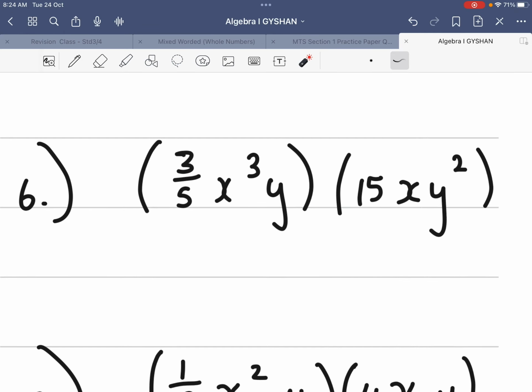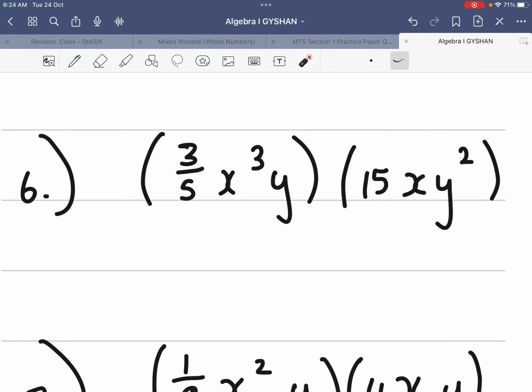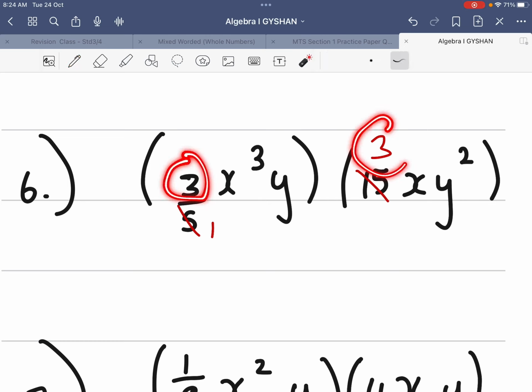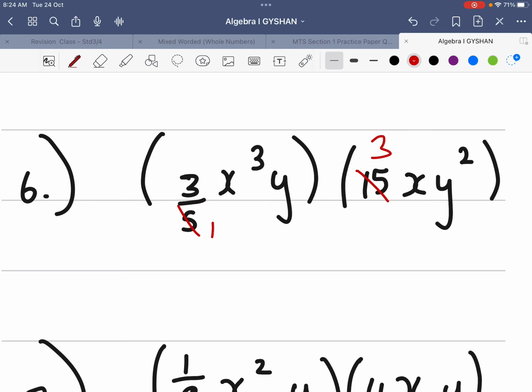Next we have 3/5. Let's express this as a fraction where the numerator is above the line, easier to work. 5 into 5 is 1. 5 into 15 is 3. So now we have 3 times 3. So that's 9.